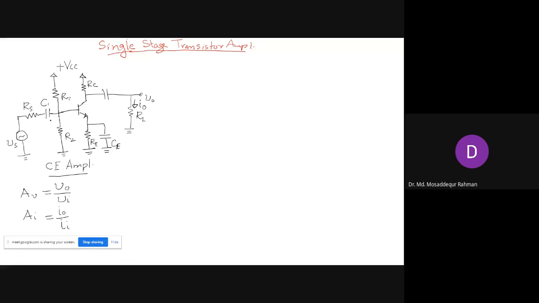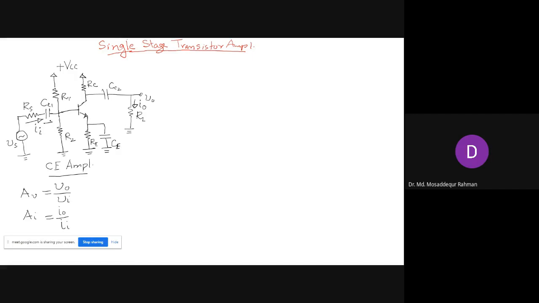The input current is supplied by the source and goes into the input of the amplifier. So that is our input current. So that is our coupling capacitor. This is CC2. This is CC1.